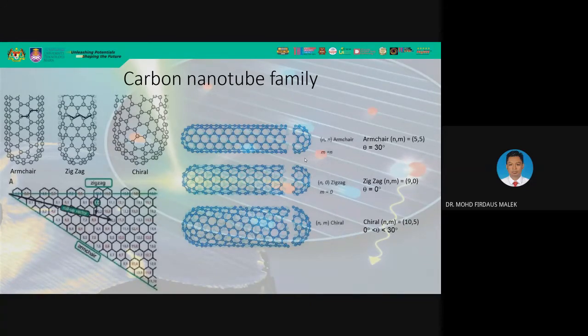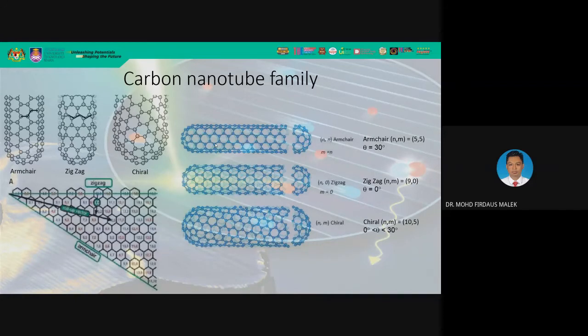When you apply a voltage between the two ends of an armchair nanotube, a current will flow. An armchair carbon nanotube is a better conductor than copper or any other metal that I mentioned before, with 6 times higher conductivity compared to copper.